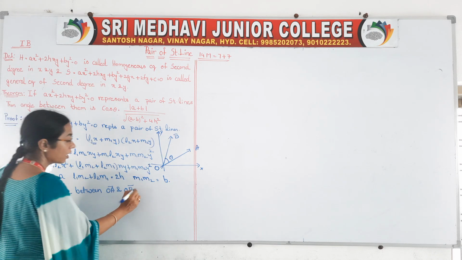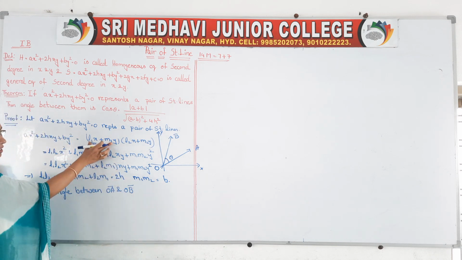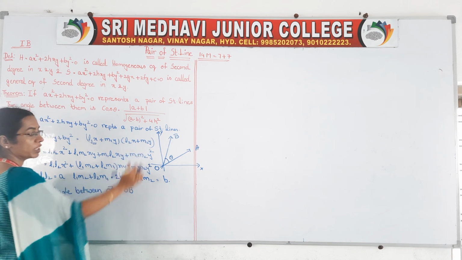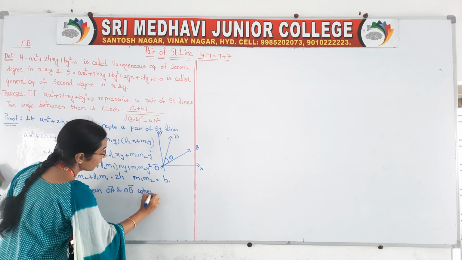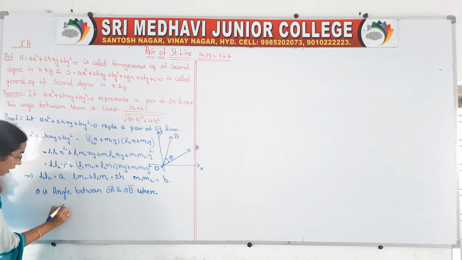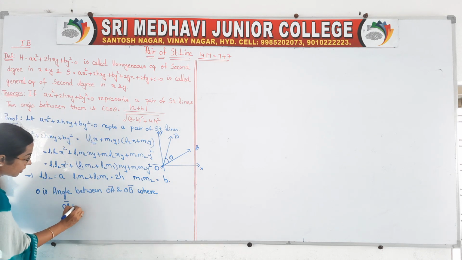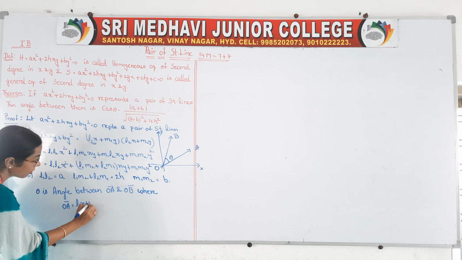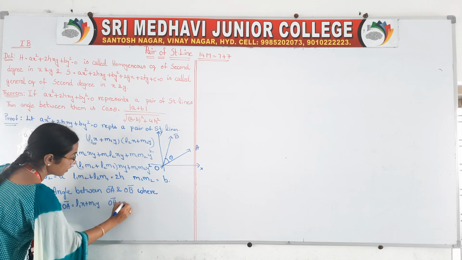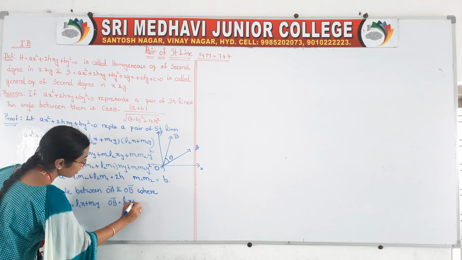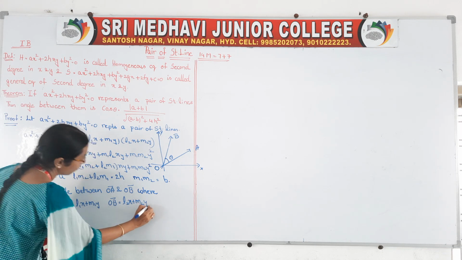What is OA? OA is equal to this one and OB is equal to this one. So write down, your OA bar is equal to L1x plus M1y, and OB bar is equal to L2x plus M2y.